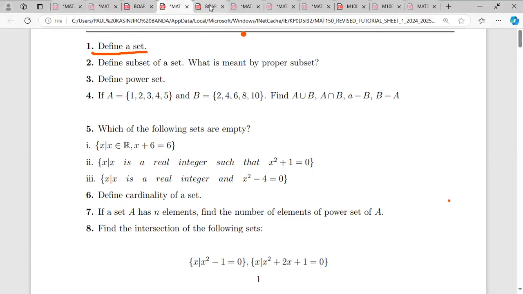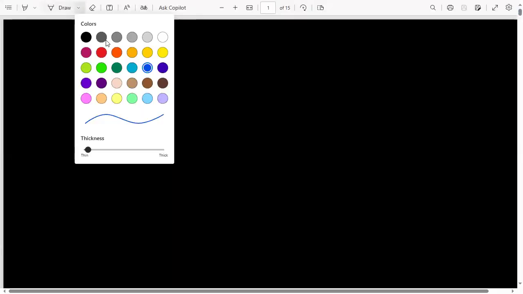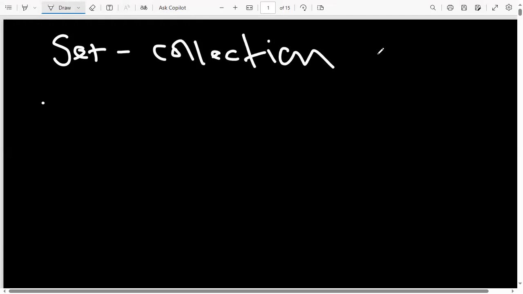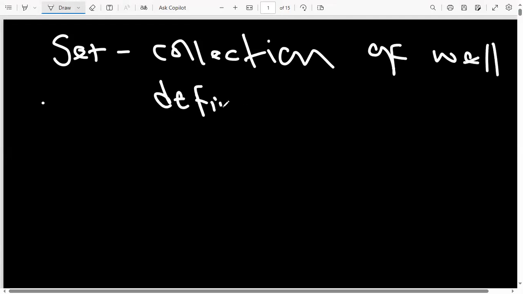Very good examples of these sets are the sets of different numbers that you have, and I'm going to give examples of those numbers because you need to know them.